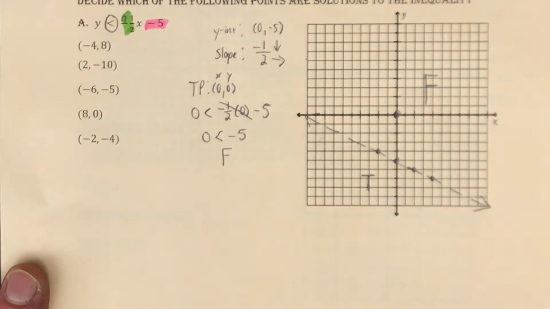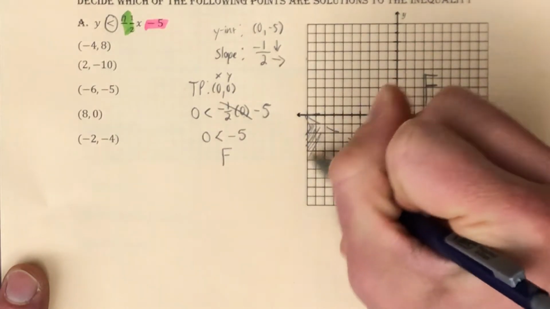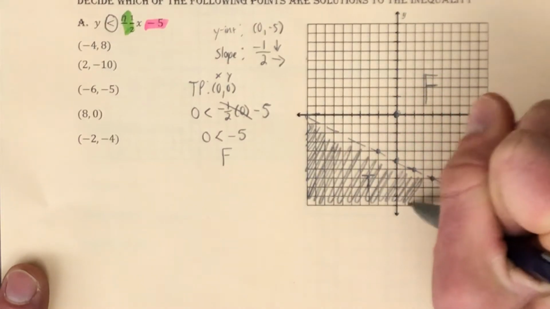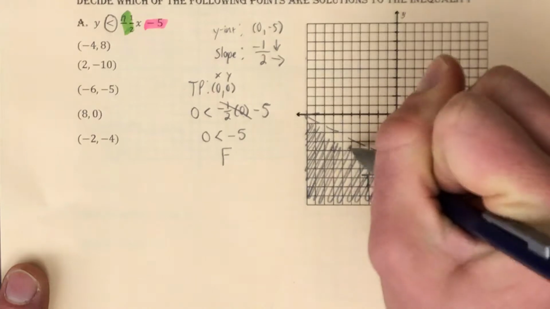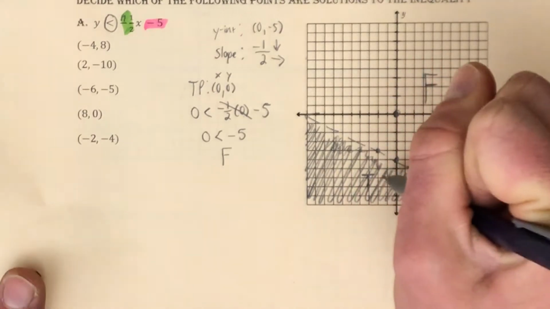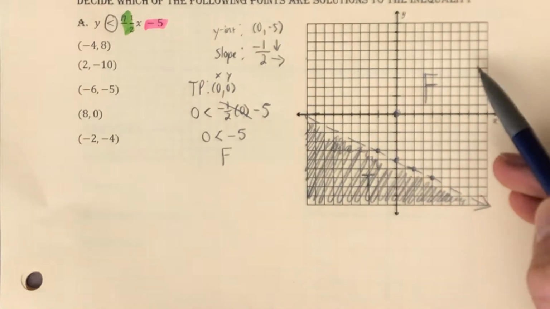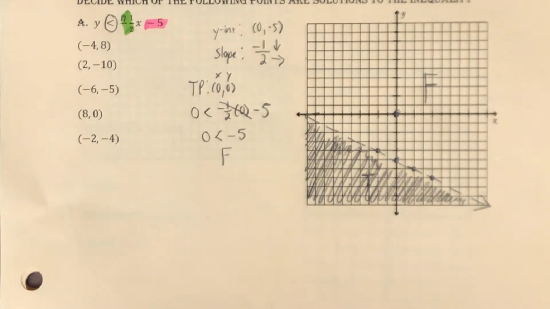We always shade the true side because that's where the solutions fall. So any points that fall on this side of the line are going to be solutions. Any points that fall on that side of the line are not going to be solutions.